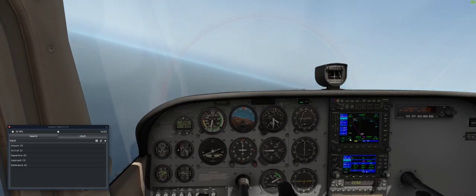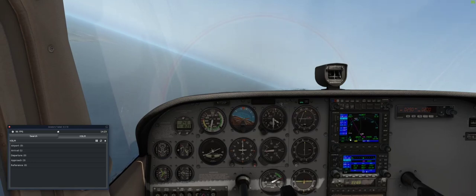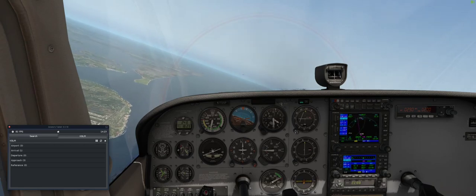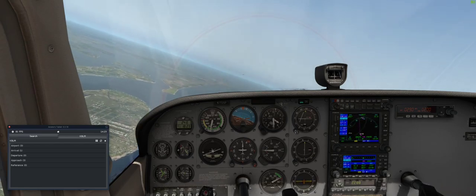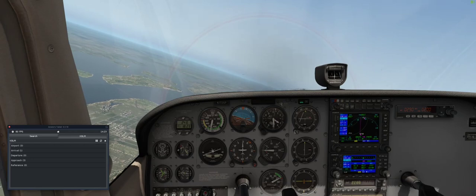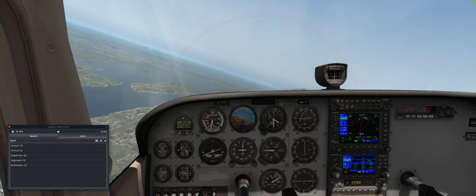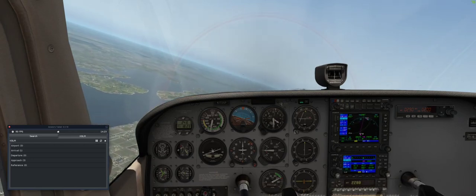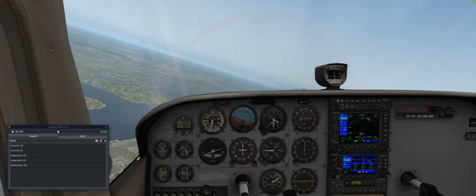It's still going to intercept and get us back on that path. And I'll leave the OBS in the wrong place and we'll see what happens.